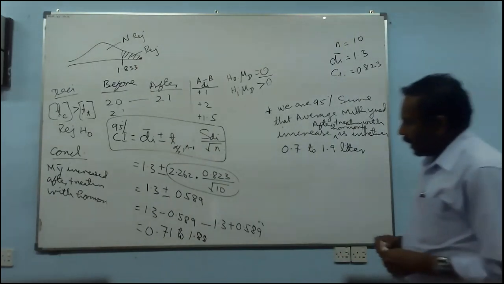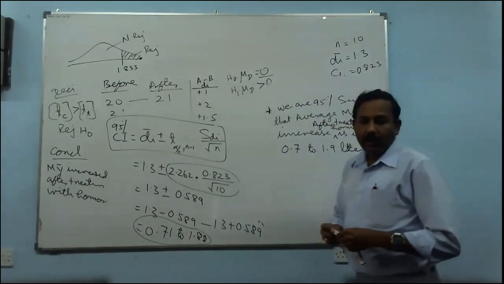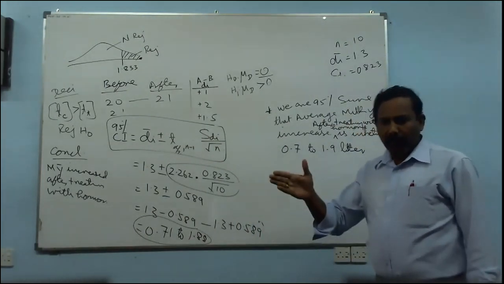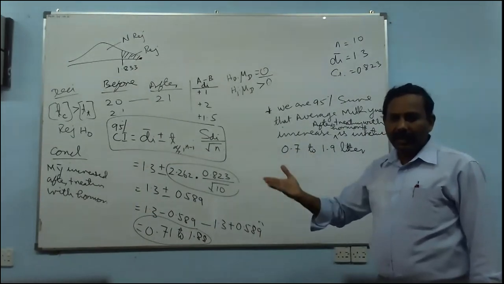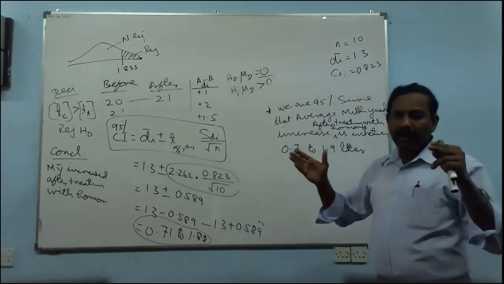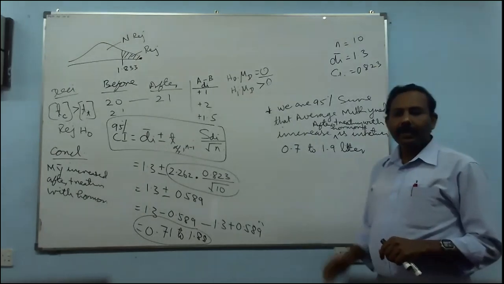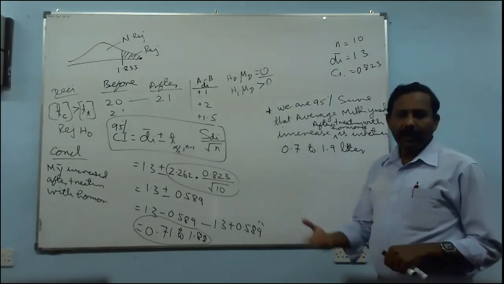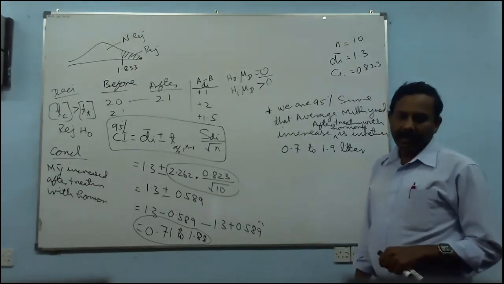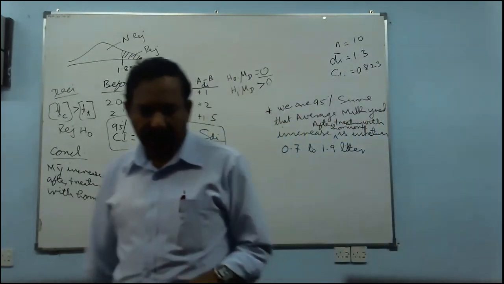So you see, we can put this information in that way also. The milk yield has increased after giving this hormone. On an average, milk yield has increased this many liters, so that you are 95% sure that milk yield is increased after giving the hormone by 0.7 to 1.9 liters. So this is how we can interpret that.